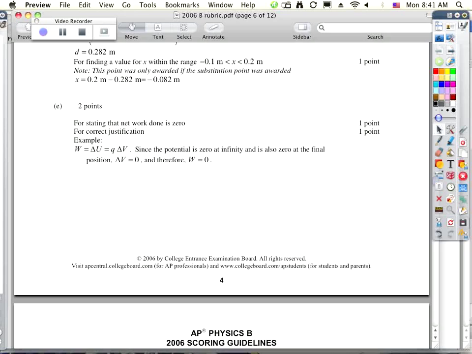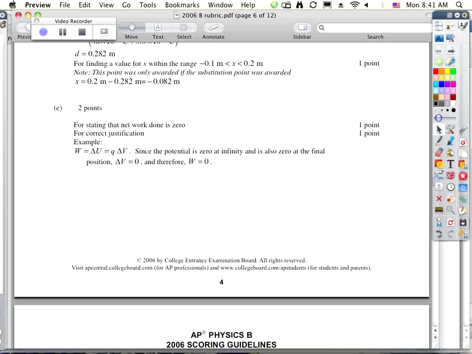So there you go. The potential energy is just the amount of work that is stored at that point, the amount of work that it takes to move it to that point. Alrighty. So that's that problem. Done.